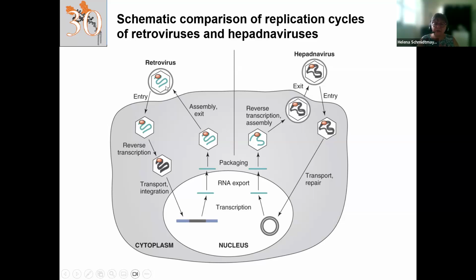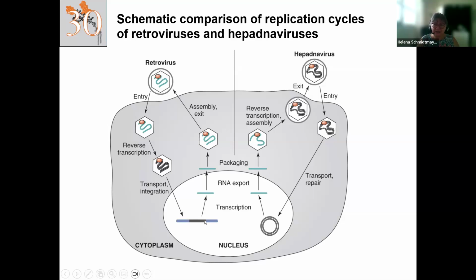Let's look at retroviruses. When a retroviral nucleocapsid is released upon fusion into the cytoplasm, reverse transcriptase retrotranscribes that RNA into double-stranded viral DNA. Afterwards, this DNA becomes part of the pre-integration complex which gets into the nucleus and integrates into the genome.